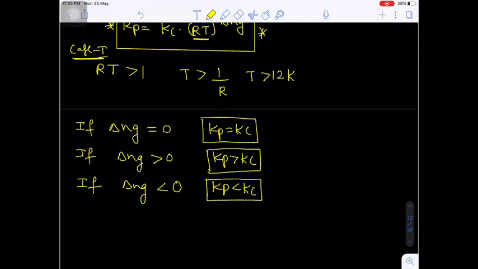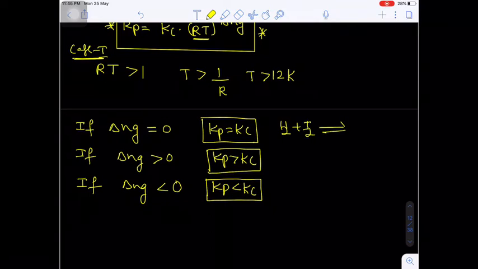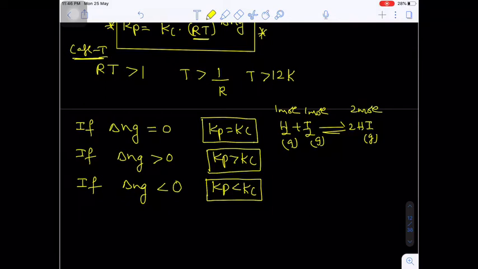Kp less than Kc. Okay, I am giving some examples here. Now, hydrogen combining with iodine to give hydrogen iodide. All are gaseous substances. 1 mole of hydrogen and 1 mole of iodine give 2 moles of hydrogen iodide. What is the delta Ng here? Total number of moles of gaseous products minus total number of moles of gaseous reactants, that is 0.